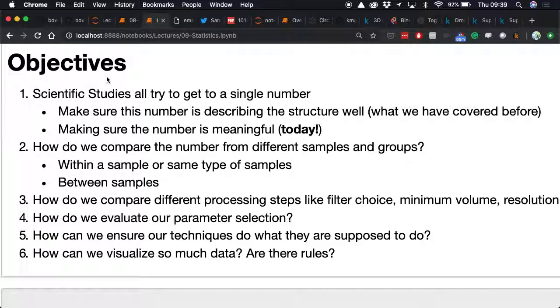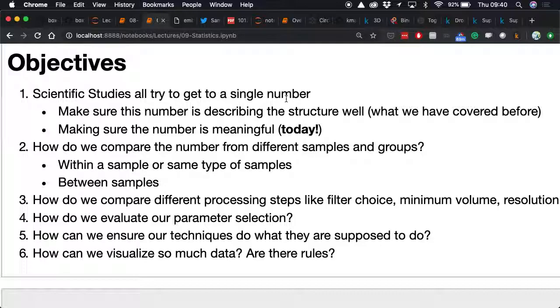If we go back to one of the first lectures on objectives, the goal of quantitative scientific studies, this might be slightly oversimplified, is to get a single number. And so all of the tools that we've covered up until now are trying to result in numbers. In some cases, maybe a field of different numbers, but in most cases, we'll be trying to look at just a single number.